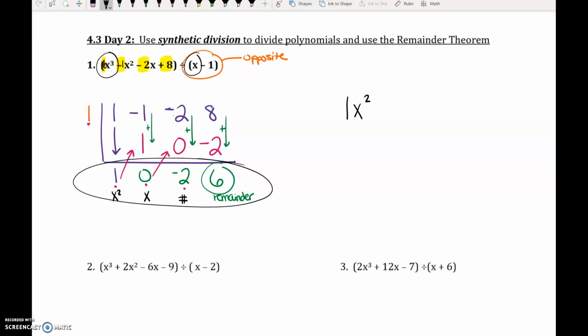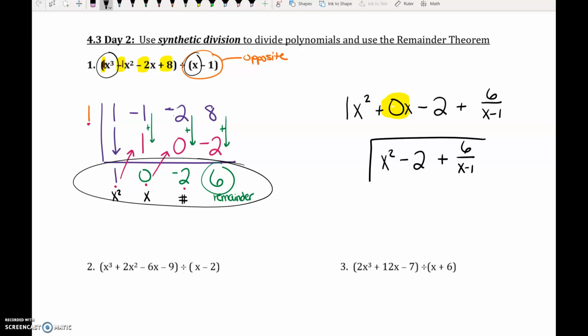The next one is your plain number term, and then your remainder. So 1x squared plus 0x minus 2, and then 6 over what we originally divided by. Now, do we really need that term in our answer? No, we do not. Our answer is 1x squared, or just x squared, minus 2 plus 6 over x minus 1.